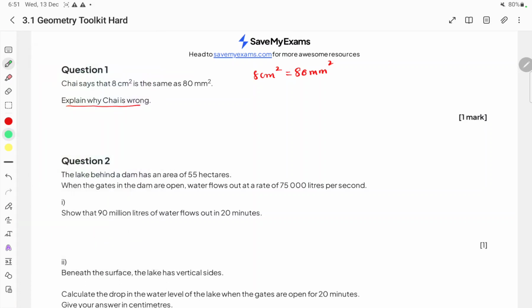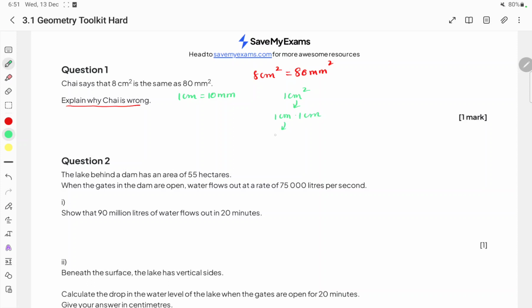So now we have to go to the conversion part. You know this, last class we discussed 1 centimeter is equal to 10 millimeter. Now here centimeter square is there, so 1 centimeter square will be equal to 1 centimeter into 1 centimeter.